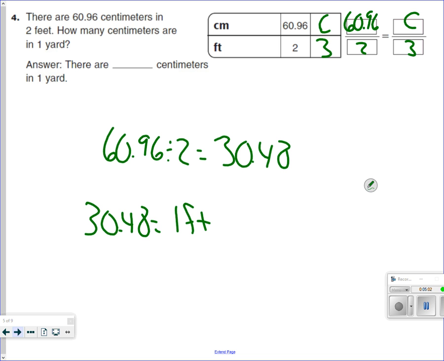A yard is 3 feet. So we're going to take 30.48 times 3. We're going to get 91.44 centimeters. That's how many centimeters are in a yard.